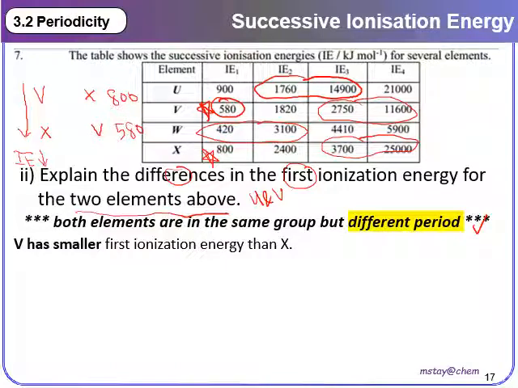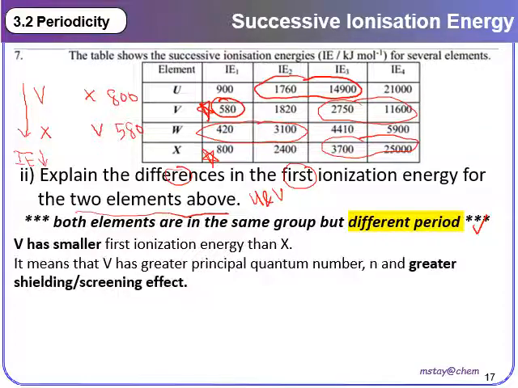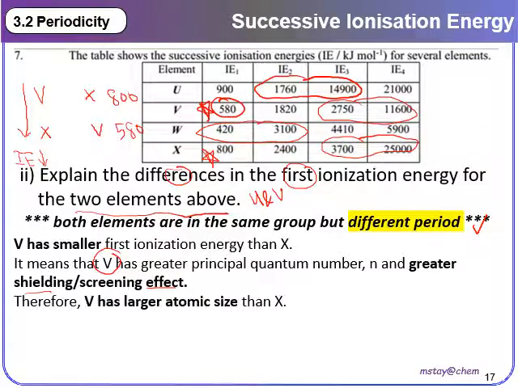Let's continue with the explanation. Why V? Because V has a greater shielding effect, as it is at the bottom of the periodic table. If V has the greater shielding effect, this means V has a larger atomic size.